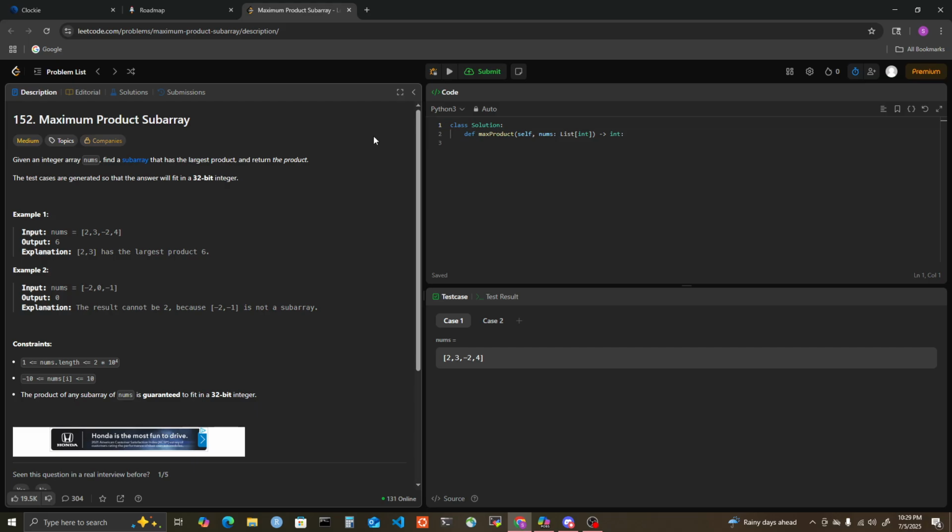Oh, subarray. Okay. I see. They probably warned you that the answer should fit inside the 32-bit integer.